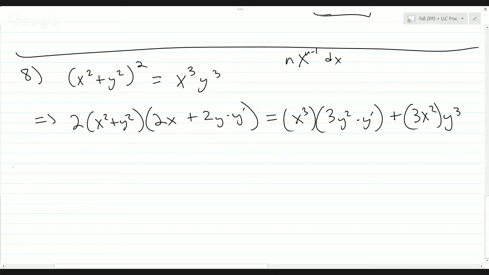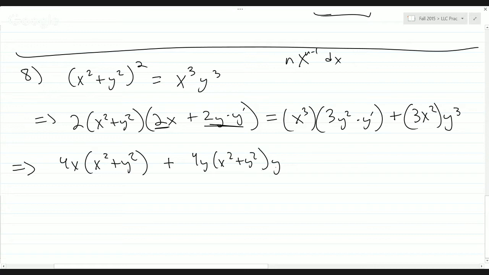Okay? So what do we do now on the left-hand side? What's the word? We distribute these two terms. So we have 4x times x squared plus y squared plus 4y times x squared plus y squared times y prime.